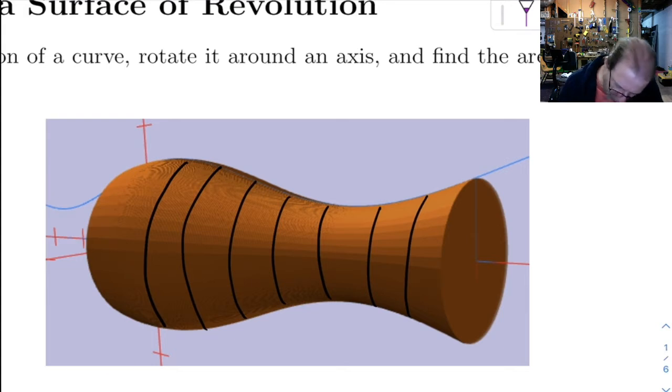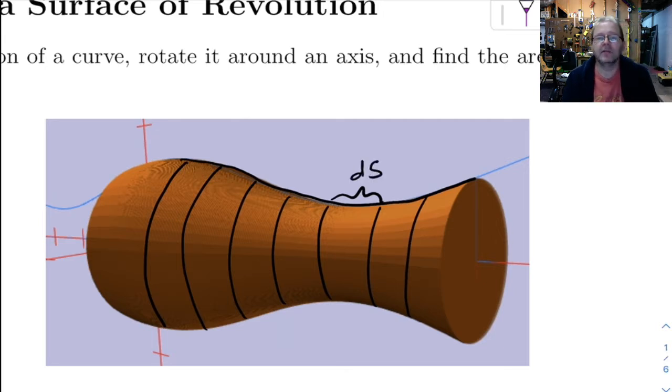If you look along the band, the length of the band, or maybe I should call it the width, is this distance here, and that's the distance along the curve. So instead of it being dx or dy, it's going to be ds. So we'll have to use the ds that we developed in section 8.1.